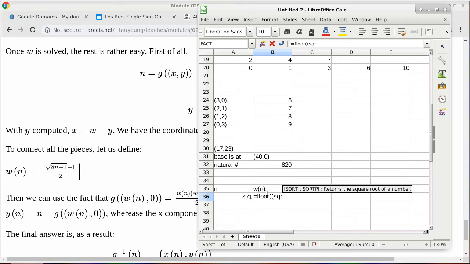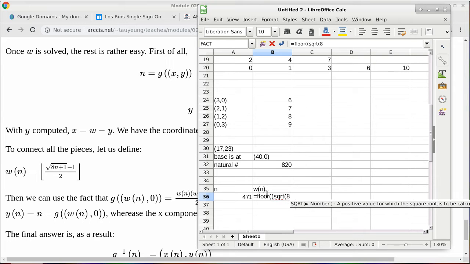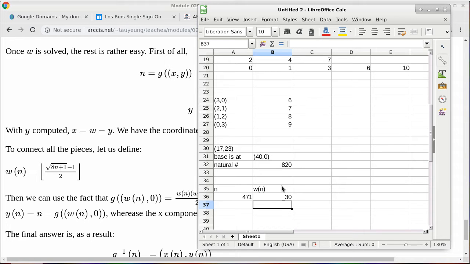Does it have square root? SQRT? Yep, it does have square root of 8 times n plus 1. And then after the square root, we have to subtract 1, and then the whole thing divided by 2, and that ends the floor function. All right, so W of n is 30.